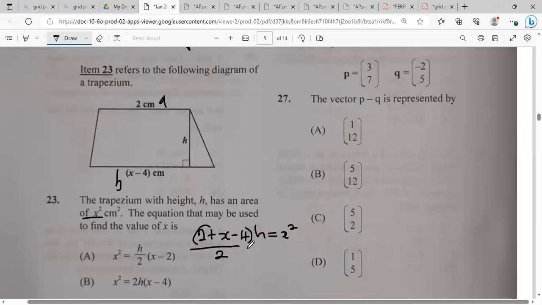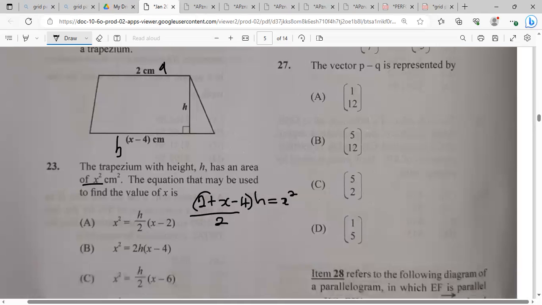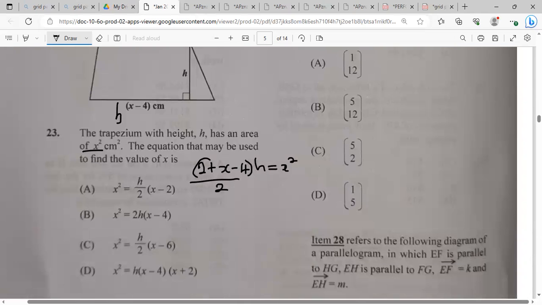We multiply x by the bracket, a plus b. This one looks like it. Or we have to divide by 4, so it has to be this.